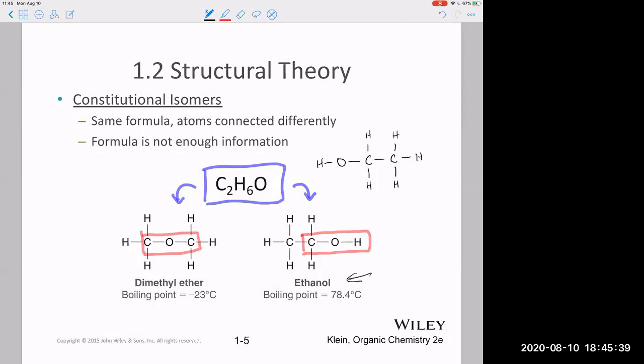This is still ethanol. These are identical, right? So these guys right here are identical. They are both ethanol. It's just a different way of drawing the exact same molecule, all right? So that's what you're going to need to be able to distinguish here: are these two molecules constitutional isomers? Are they identical, or are they just completely different altogether?